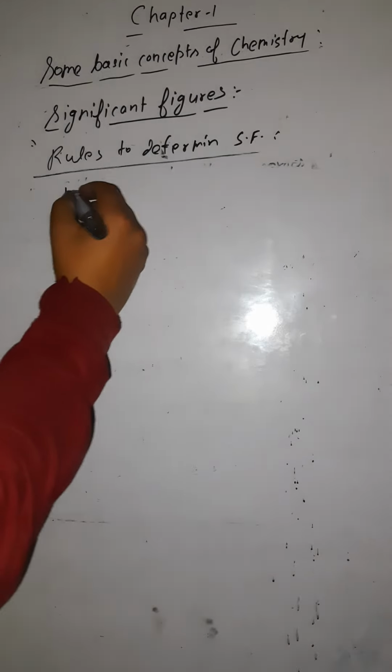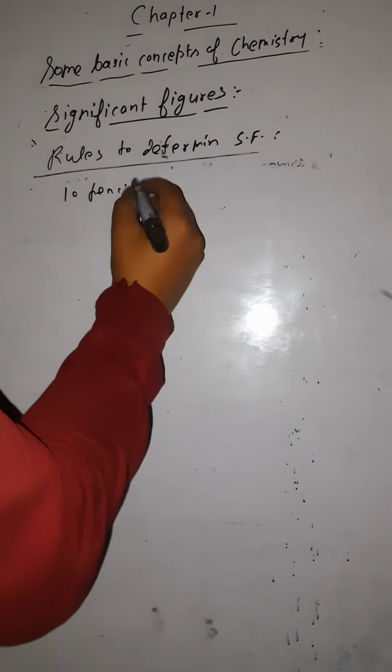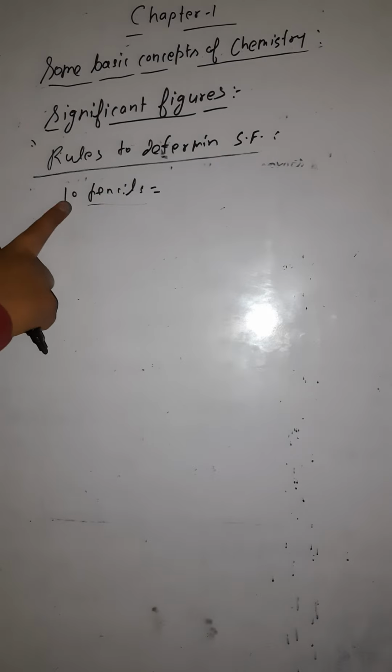It says that if I am mentioning the commodities after the given digit, let's say I am writing 10 pencils, I have mentioned the commodity here. Let's say I am writing 10 books. If you are mentioning the commodities after the given digit, then there would be an infinite number of significant figures.